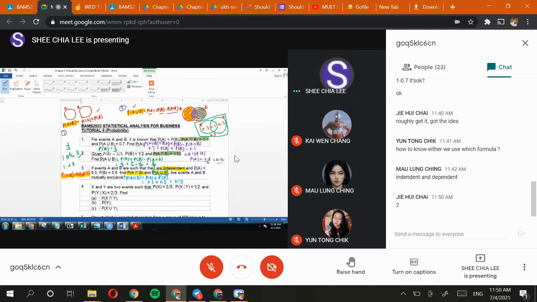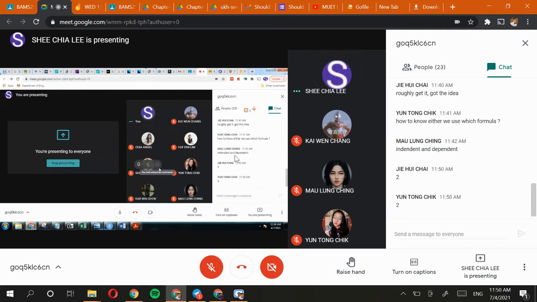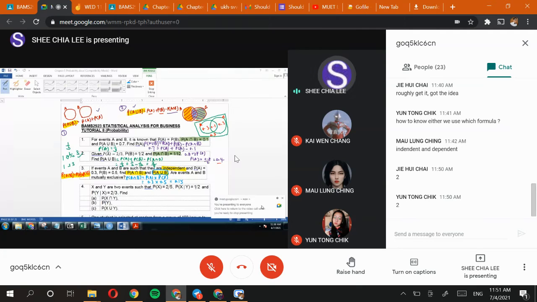Maybe we use number 2. Yun Tong says number 2 and Jerry says number 2. Yes, we use number 2. Why? Because they already gave you A intersect B equals 0.15. You know that is the intersection, so we use number 2.